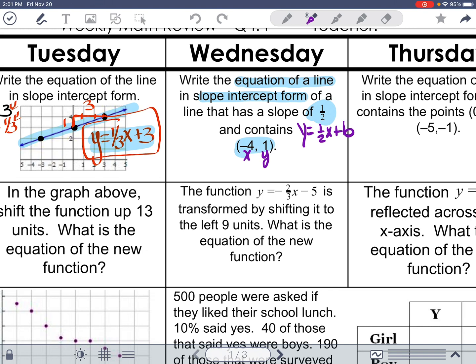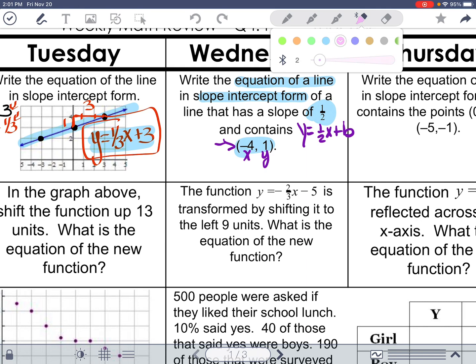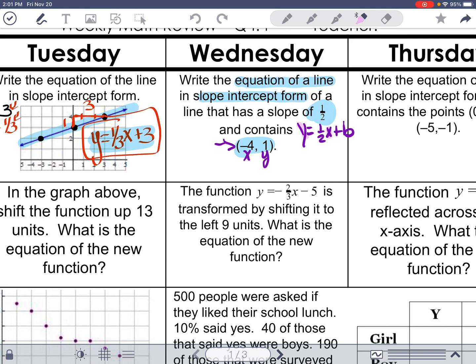We don't have the b. We don't know where this line crosses the y-axis yet. The only thing we know is it goes through this point. So I'm going to substitute in my x value and my y value. So watch what happens. So 1 equals 1/2 times -4 plus b.